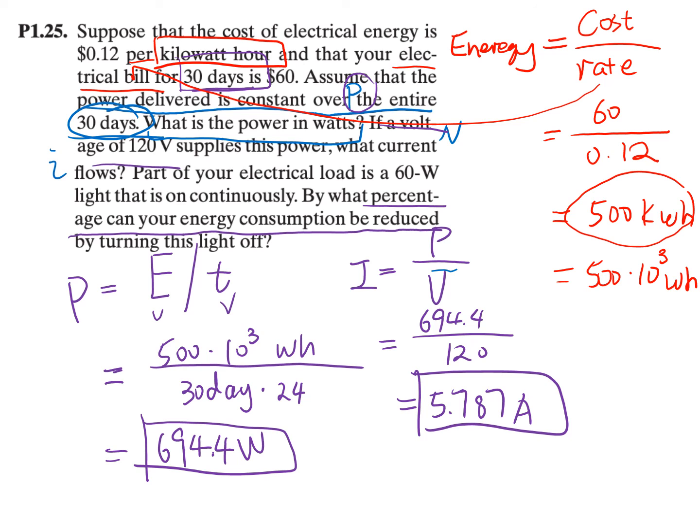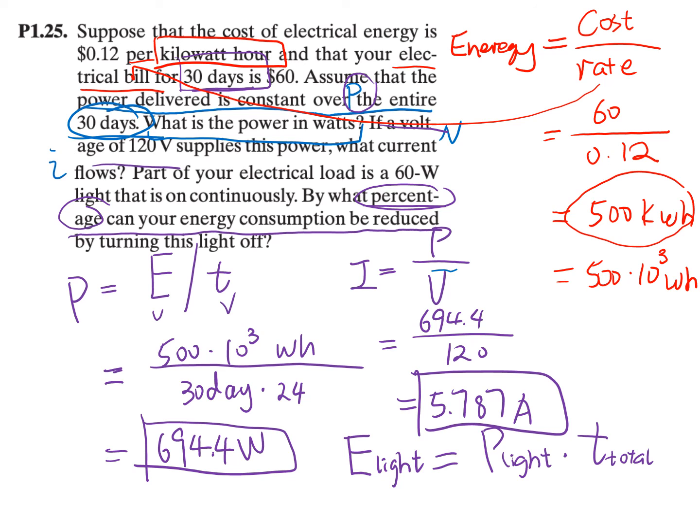Well, to find the percentage, we first need to calculate the amount of energy the light uses. The energy that the light uses, let's say E light, is equal to the power of the light times the total time, T total.